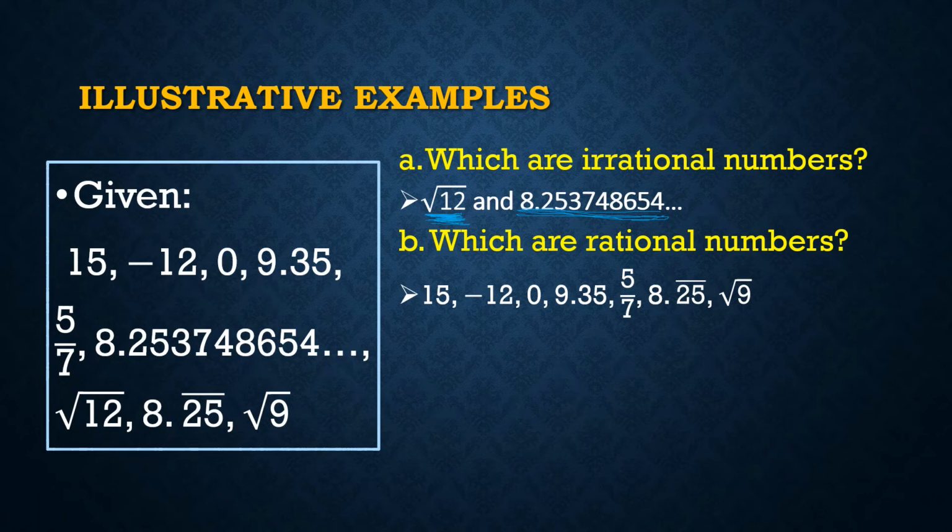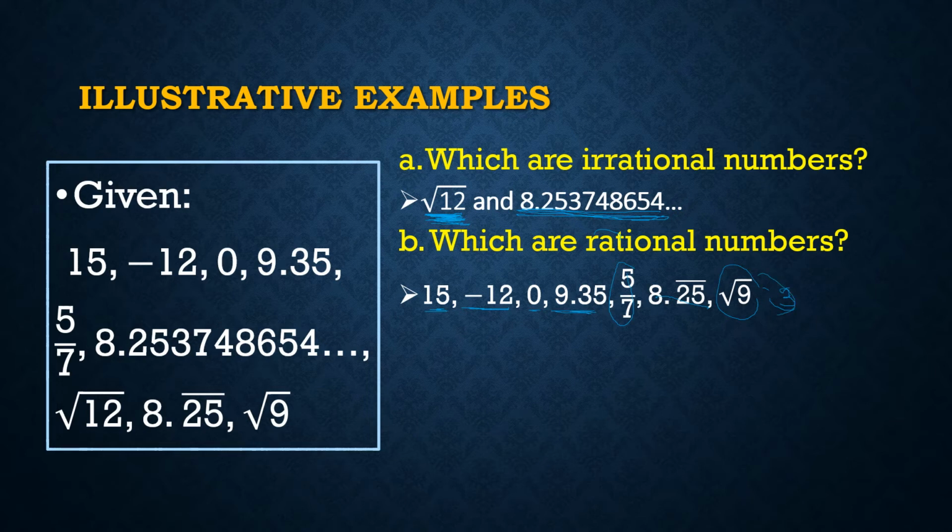These are rational numbers. 15 is a positive integer, negative 12 is a negative integer, 0 is an integer, 9.35 is a decimal, 5 over 7 is a fraction, and 8.25 with a bar is a repeating decimal. Square root of 9 is equivalent to 3, so that is an integer, or a perfect square.